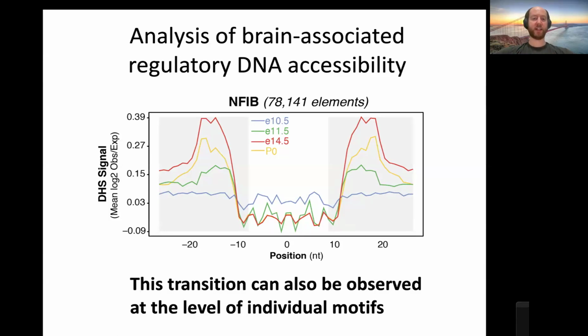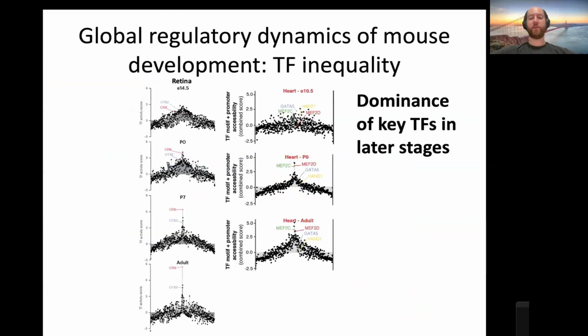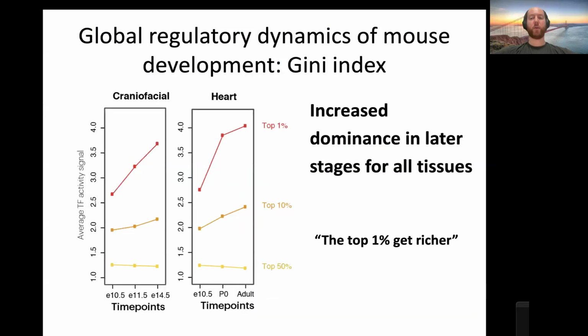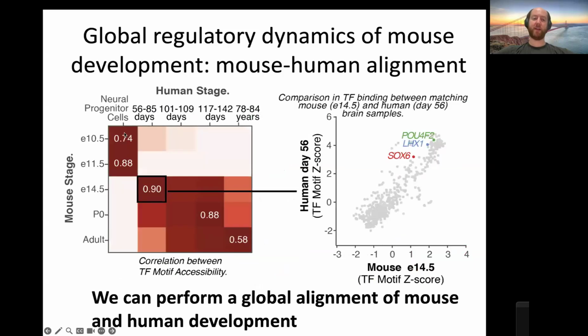So absolutely fascinating. And I'm going to go very swiftly through certain sections of this talk, but what I am going to say is that we can use the regulatory maps that we have, the transcription factors, the maps from lung, the maps from heart, and we can use these to align human and mouse development.